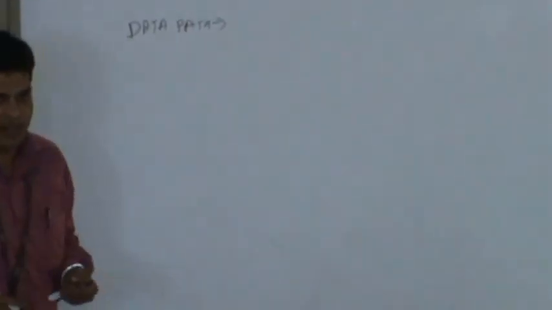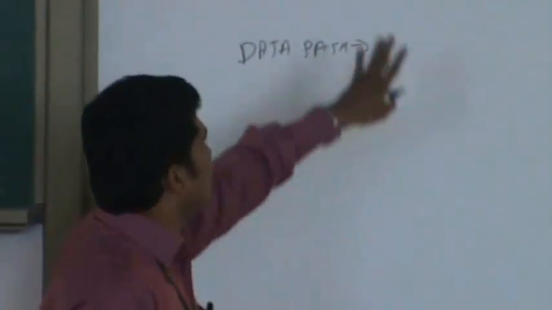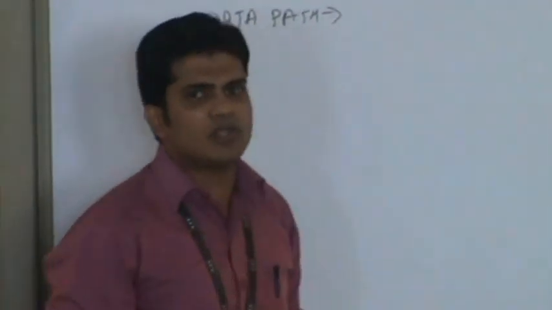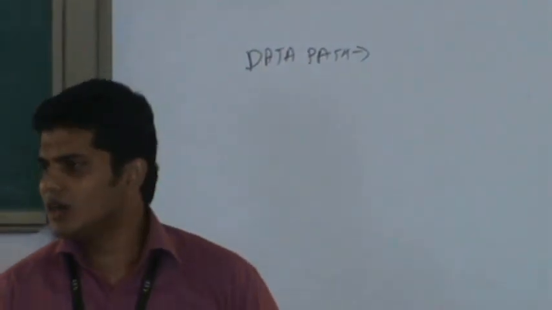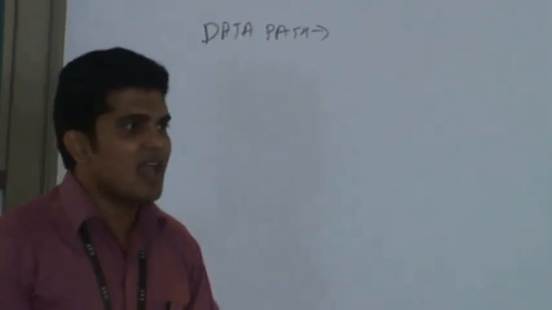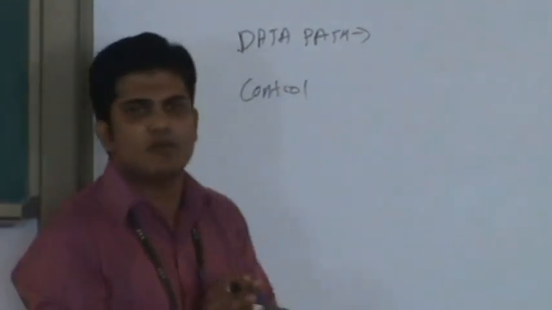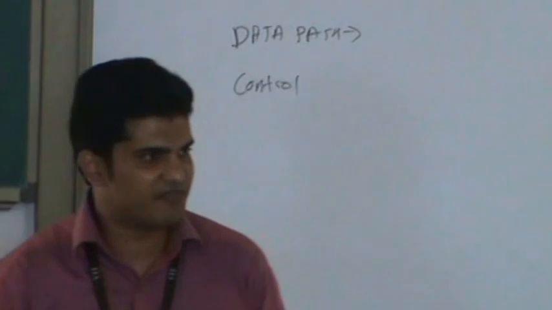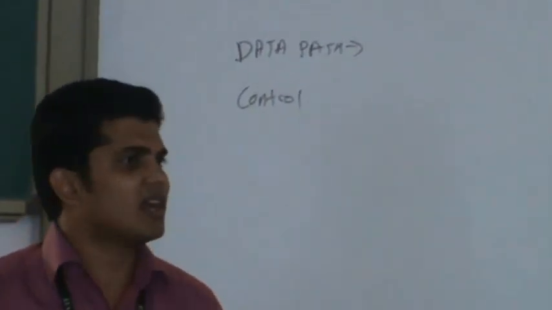How the data is moved from one place to another on the processor side, and who is controlling the data movement. Who decides which path it has to take will be done by the controller.